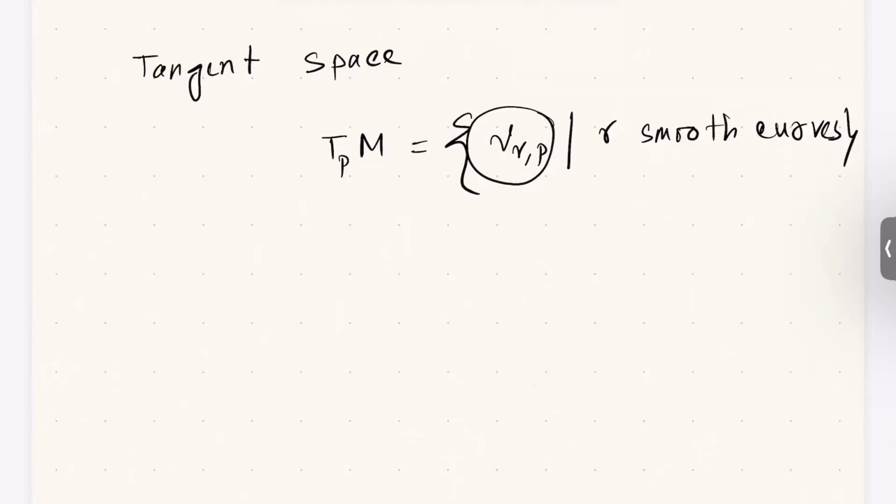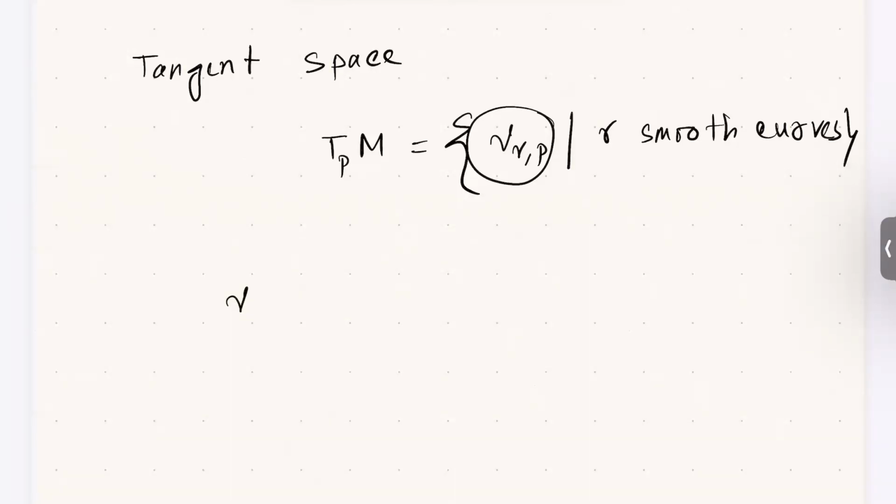Maybe we can consider a chart, because if it is a vector space, and if v_γ,p is a vector in T_pM, then I can expand the vector in terms of a basis.